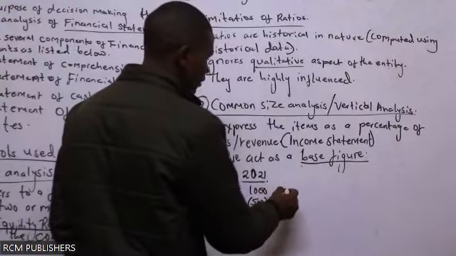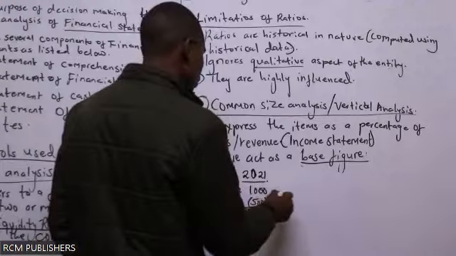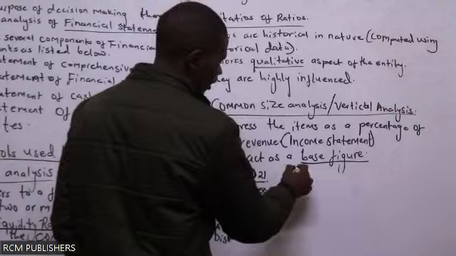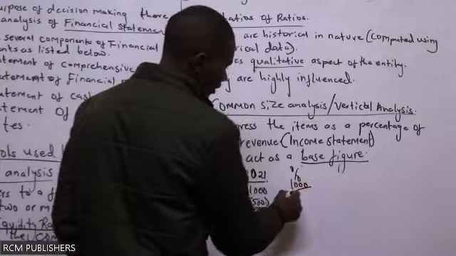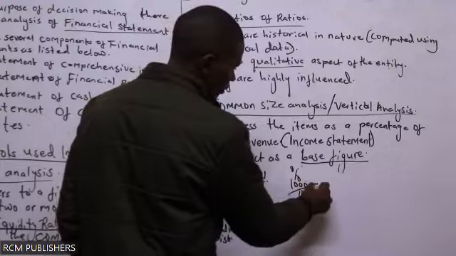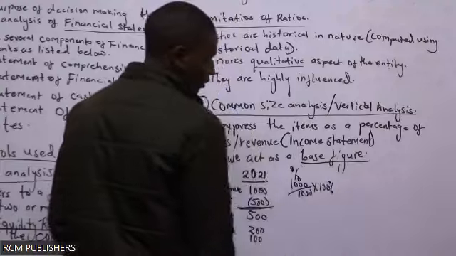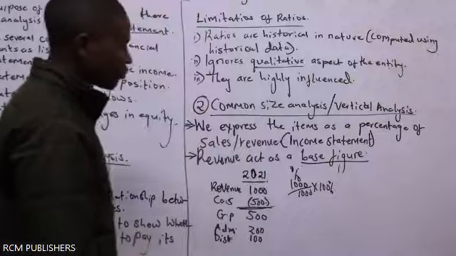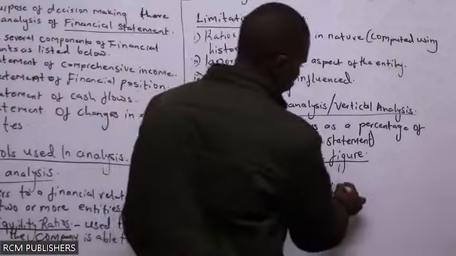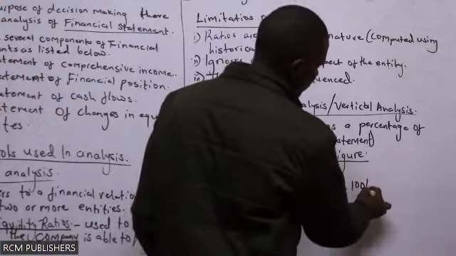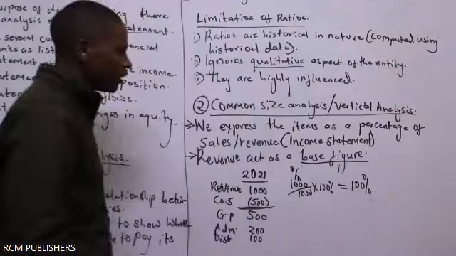For example, in the revenue section, we shall now have the percentage. So I have 1,000 divided by 1,000 times 100. How much do I get there? 1,000 divided by 1,000 times 100%. So revenue will always be 100%.